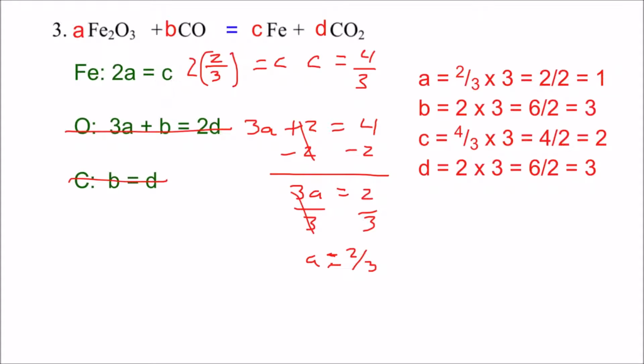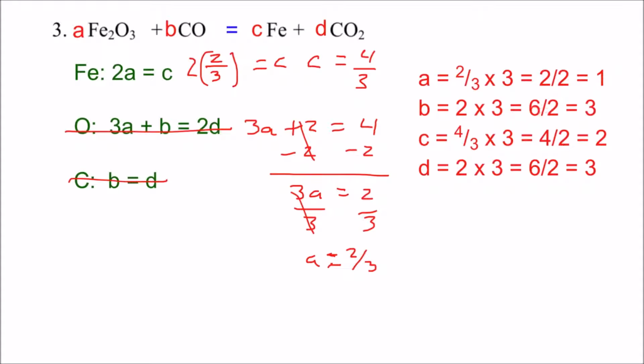Now we got to find out what C is. So we said 2 times 2/3, because that's what A equals, is equal to C. That means that C is equal to 4/3, and so that's what got put right here. Now we have to get rid of those fractions, so we're going to multiply by the denominator. So everything gets multiplied through by 3, which means a 2 gets left behind here.